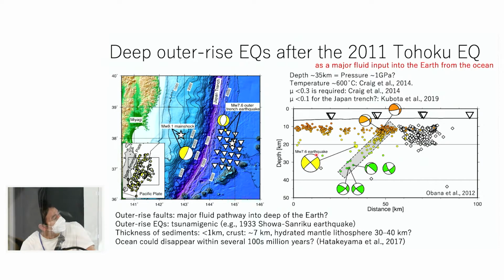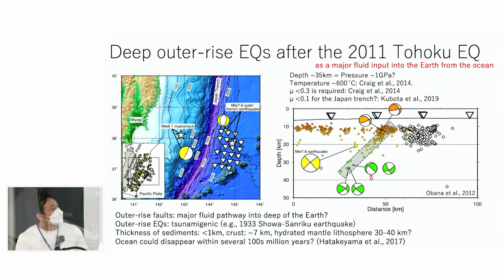So big earthquakes happen at 20 kilometers in depth. And some earthquakes happen even at 35 or 40 kilometers in depth. So probably many people know the thickness of the oceanic crust, right? The thickness of the oceanic crust is about 7 kilometers, roughly.